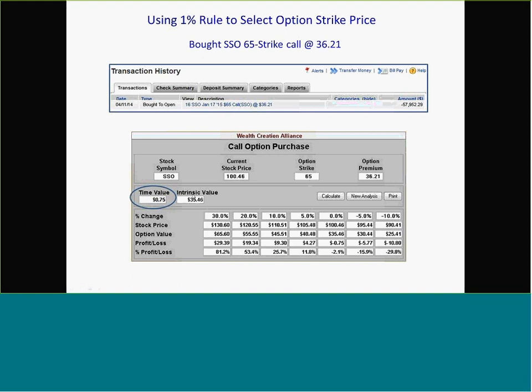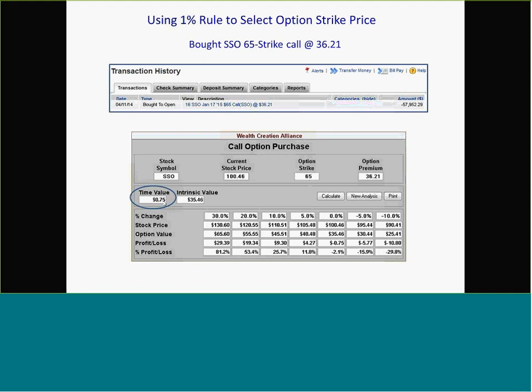So the bottom line is this SSO, I bought this in April, this is a January 2015, so this had about 9 months to expiration. So over that 9-month time frame, if the SSO increases just 75 cents, then this trade will break even and I'll start making money. So that's why I like to use that 1% rule.